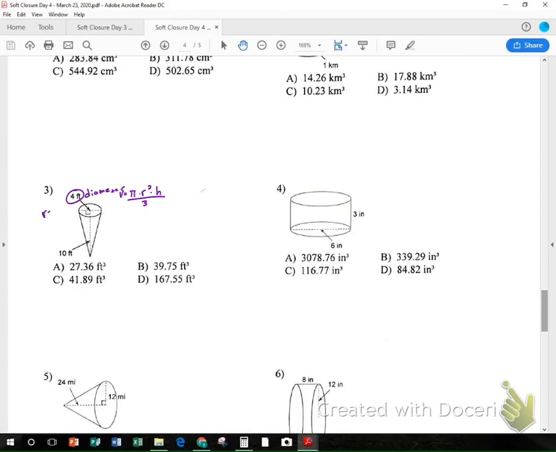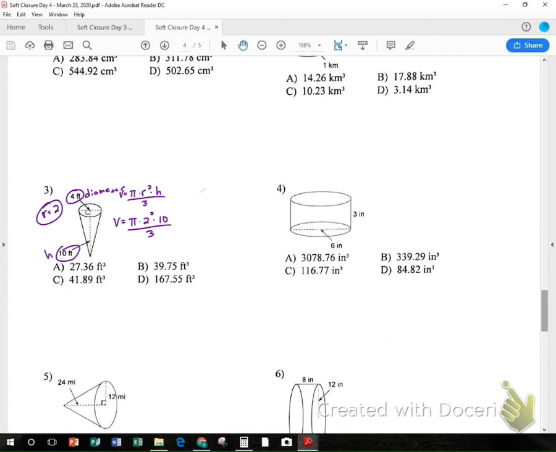So the radius then is half of that, which is 2. So the radius is 2. The height is 10. So just punch it in. Volume equals pi times 2 squared times 10 divided by 3 because it's a cone.